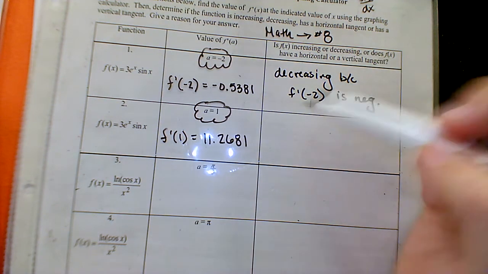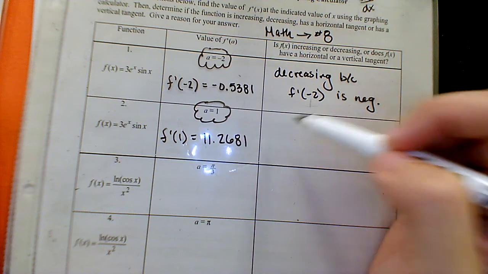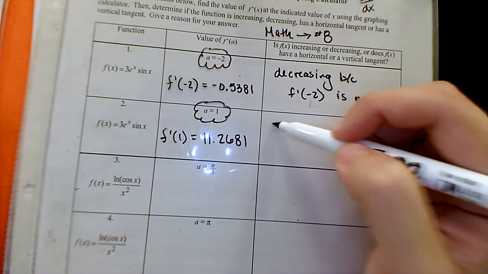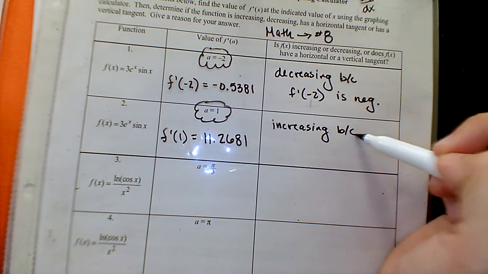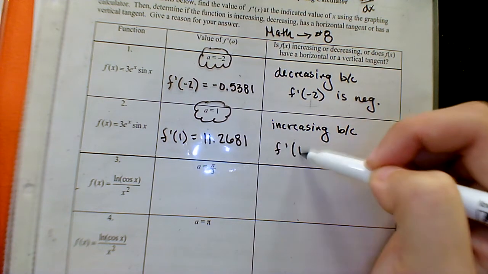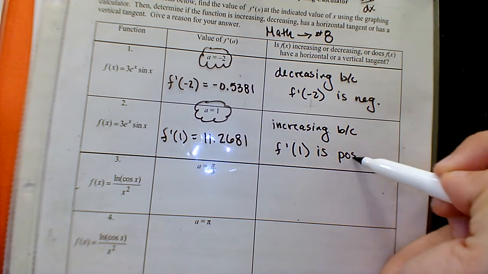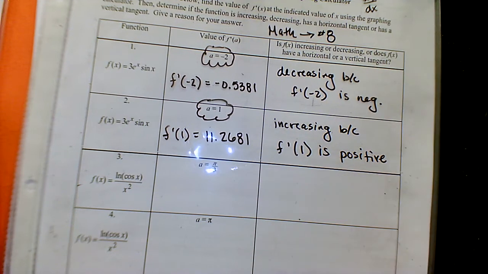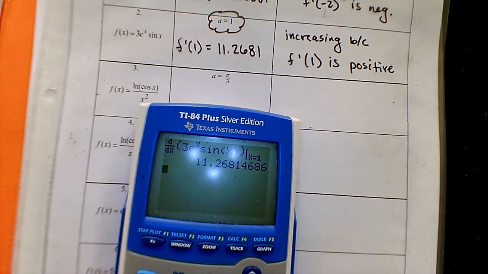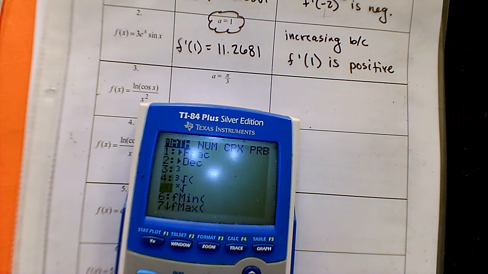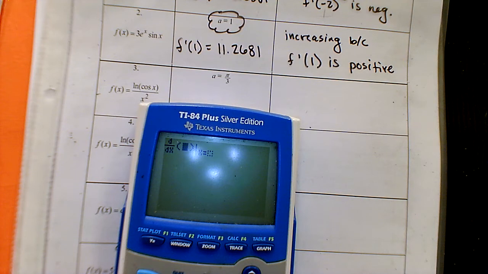How is f of x behaving? Increasing because? Positive derivative. All right. Let's try the next one. Math 8, x. We'll have natural log of cosine.